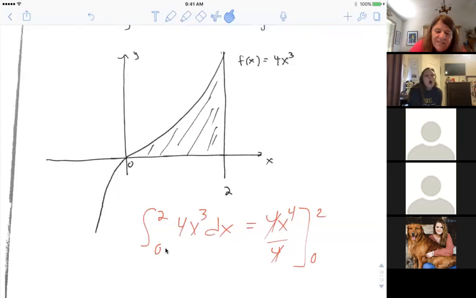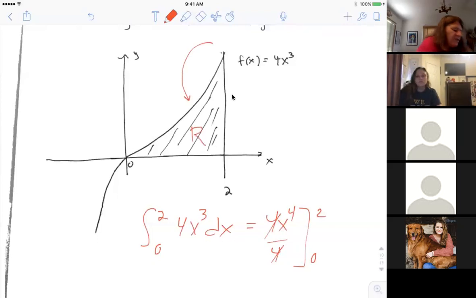So I'll take this integral from 0 to 2 of the curve, the curve that's on top of this region right here. So I'm trying to find the area of that region. It's pretty simple. You integrate from what the x values ranged from here, and the integral of 4x cubed is 4x to the 4th over 4.